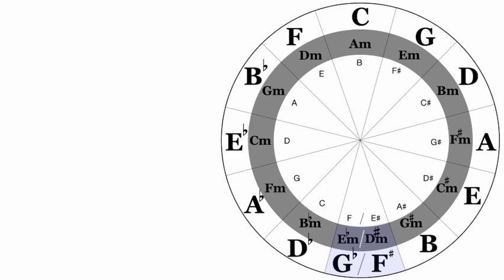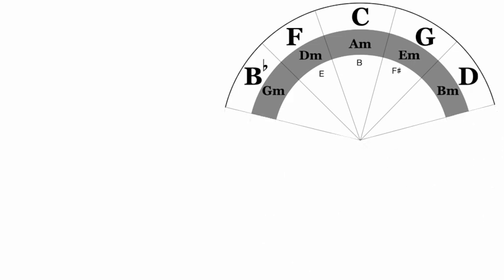So, taking a look at the circle of fifths over on the right, what I'm going to do is remove all the diminished chords that we're not going to really be talking about for now. And I'm going to kind of cover up the section of the circle of fifths that we're not going to be really looking at. The reason that I'm doing this isn't to hide anything.